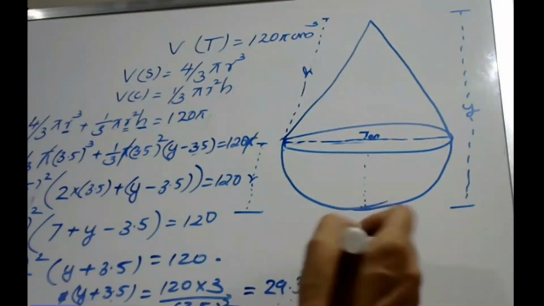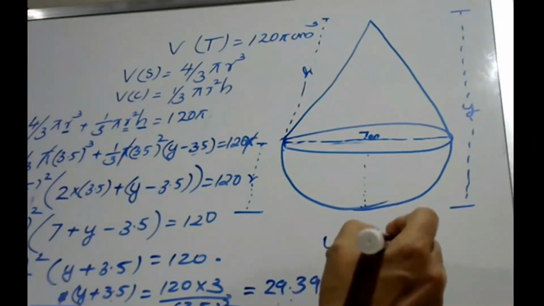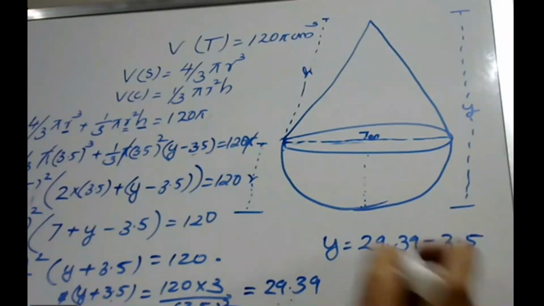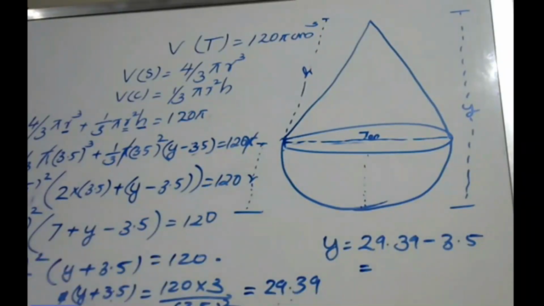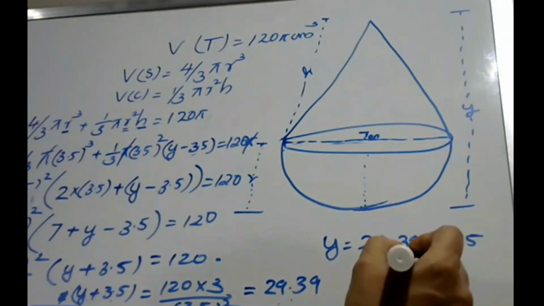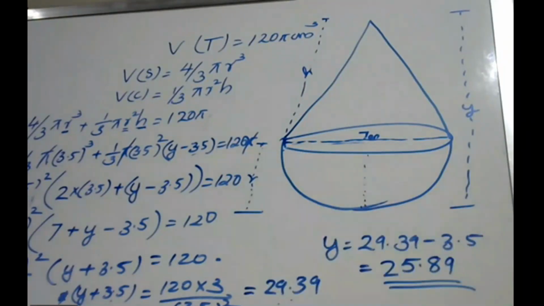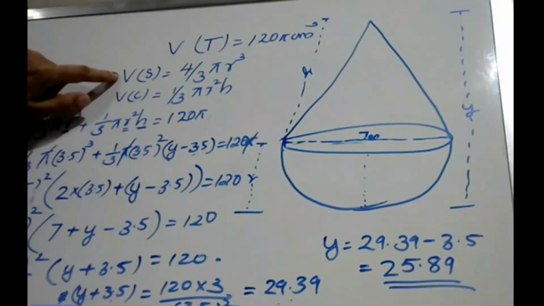Therefore, y is equal to 29.39 minus 3.5, which is equal to 25.89.